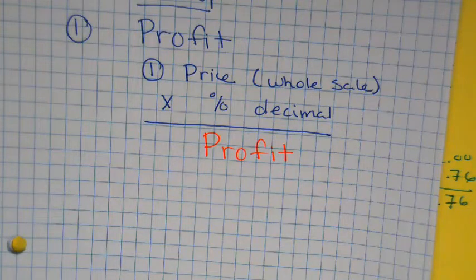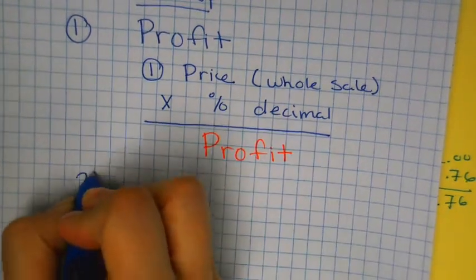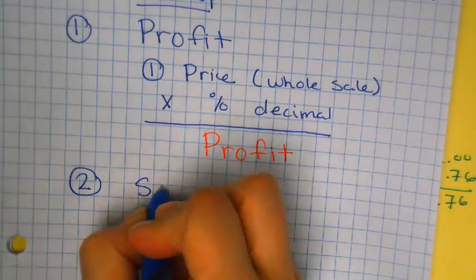So if I sell the bag of chips for $3 and it costs me $1, how much profit am I going to make? $2, right? If you know your friend has $5 in his pocket, hey friend, I'm going to sell you this bag of chips for $5, right? I wouldn't buy it. Number 2, the selling price.